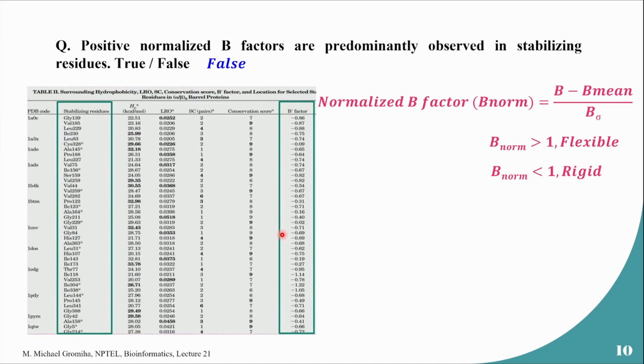In this particular table, you can see that negative values for the normalized B factors indicate stable residues. But positive normalized B factors will not be the stabilizing residues. Those will mainly cause destabilization of the structure. That's it, right? Destabilization of the structure, I mean, the residues will be highly flexible in that part. Okay.